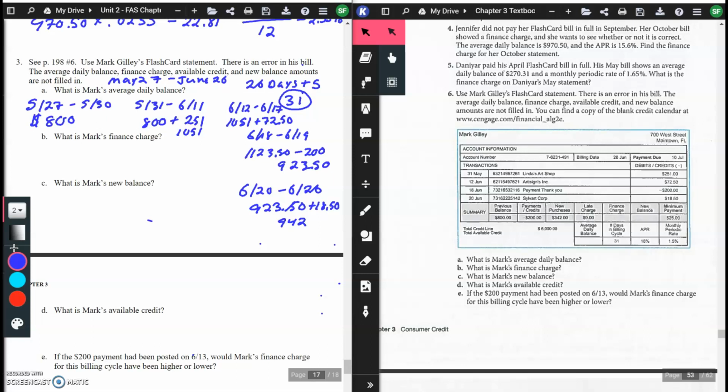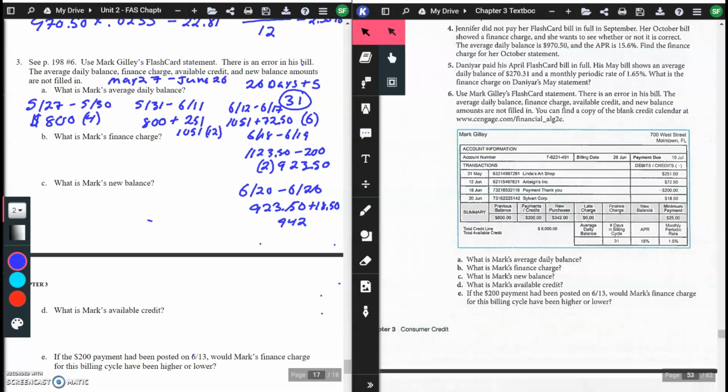So, in order to do this, you need to add up all your costs and multiply it by the days. So here, the first one we had 4 days, so 800 times 4. The second one we had 12 days, so 1051 times 12. Then we had 1123 times 6. Then we had 923.50 times 2.